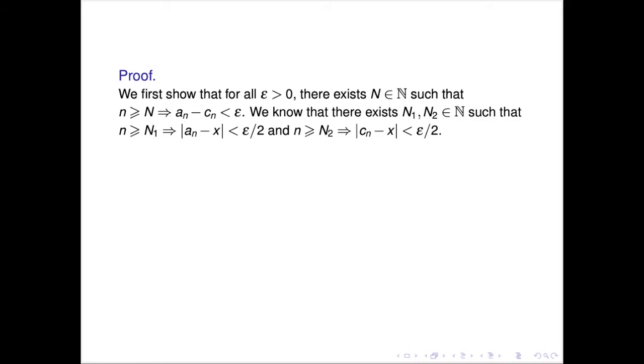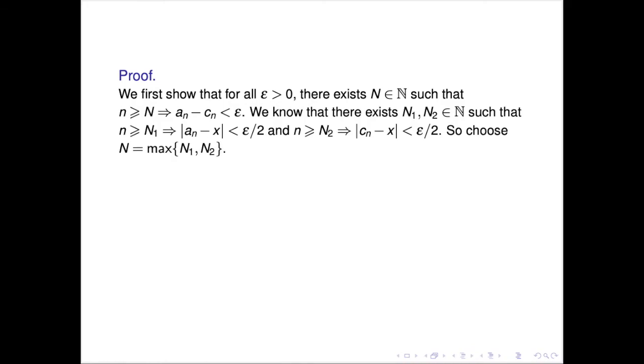To prove this first half, we know that there exist natural numbers capital N1 and capital N2 such that for n greater than or equal to capital N1, we have that the modulus of a sub n minus x is less than epsilon upon 2, and for n greater than or equal to capital N2, we have that the modulus of c sub n minus x is also less than epsilon upon 2. This is since the sequences a sub n and c sub n both converge to x.